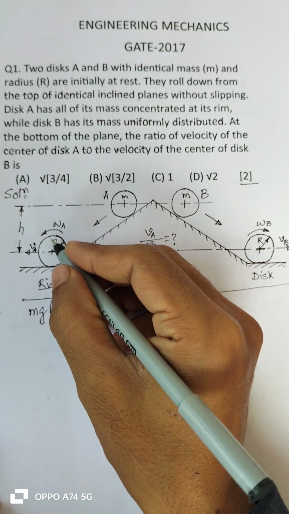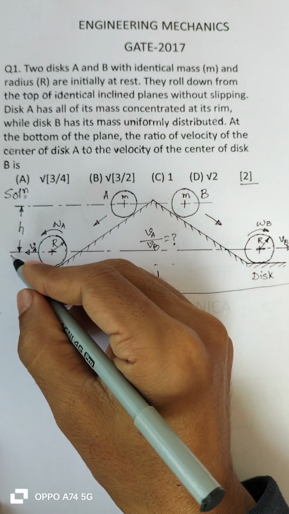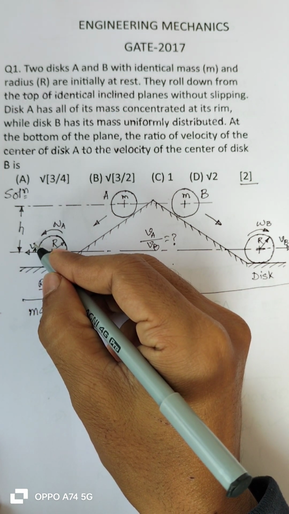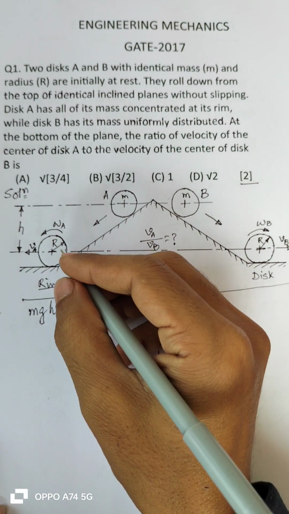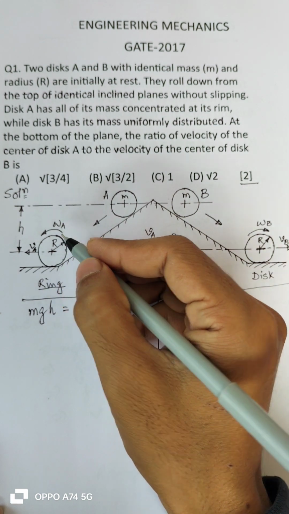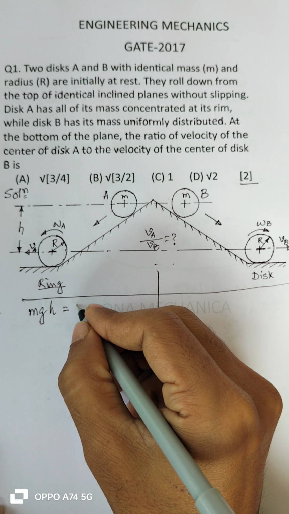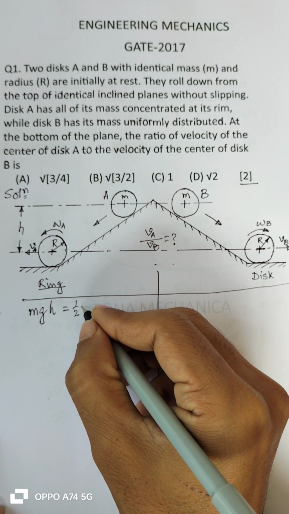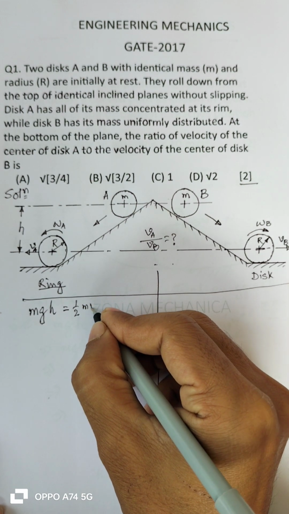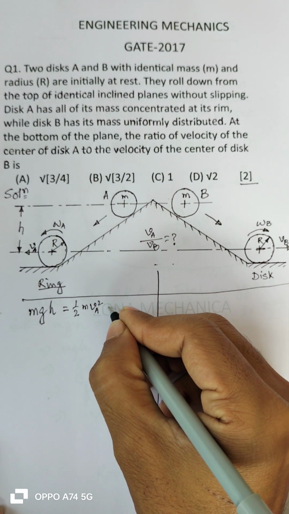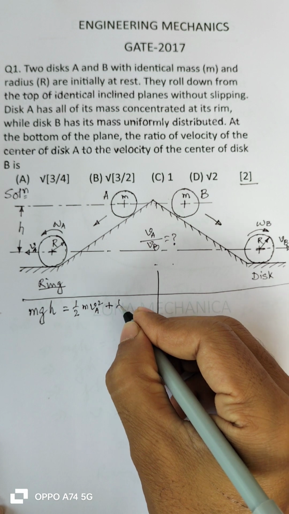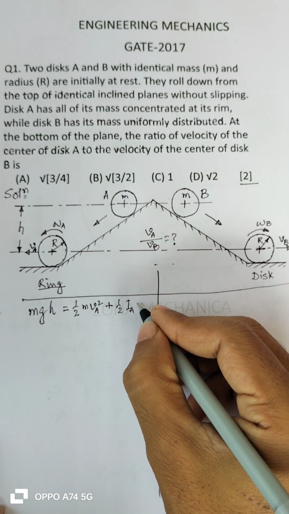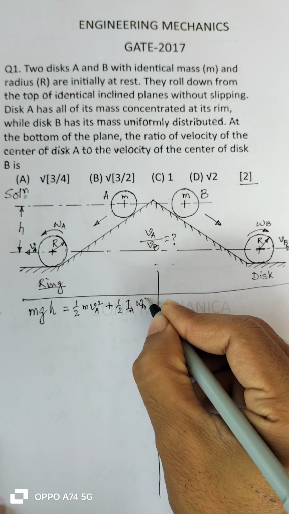See, here two types of velocities are there. One is linear motion, that is the linear velocity VA, and the angular velocity omega A. So two parts of the kinetic energy will be half into m into VA square plus half into IA into omega A square.